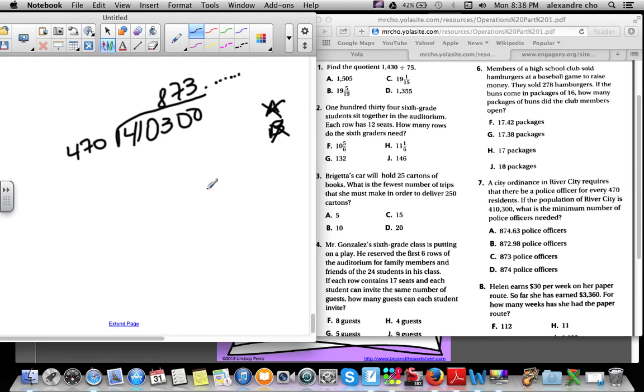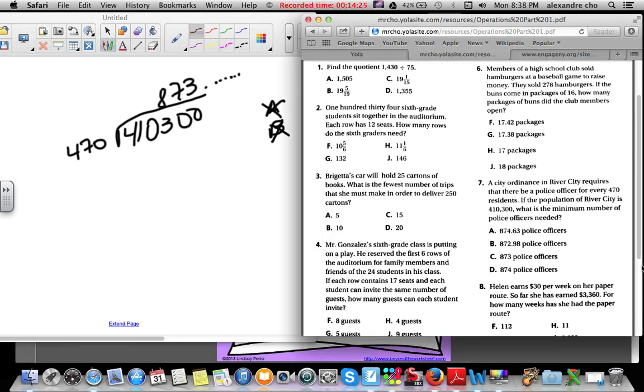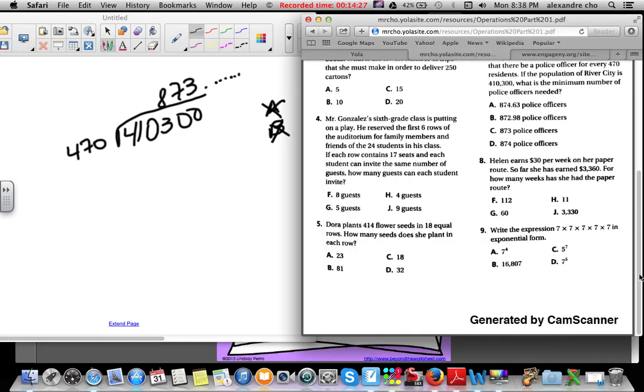You can't have 873 police officers and a little bit of another police officer. No, you can't have a half of a police officer. So either your answer is 873 exactly, which makes your answer letter C, and if it's a decimal number, 873 point something, it's going to be answer letter D. I'm not even going to do this one.